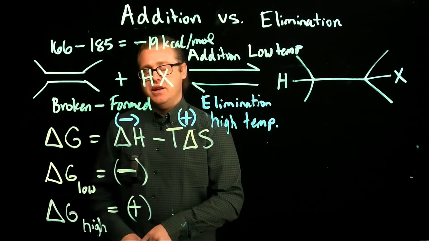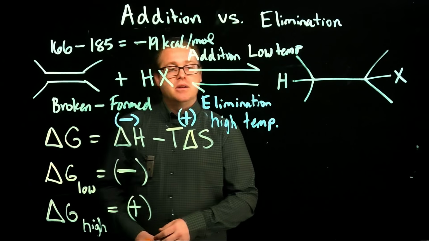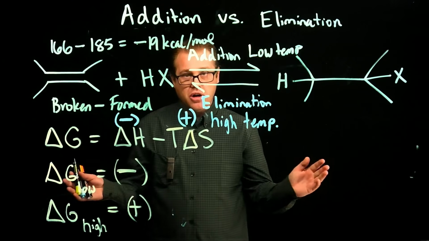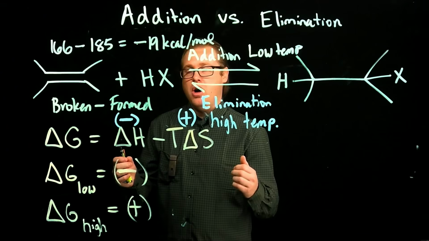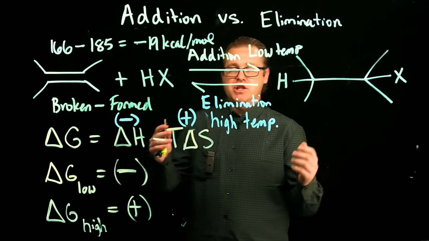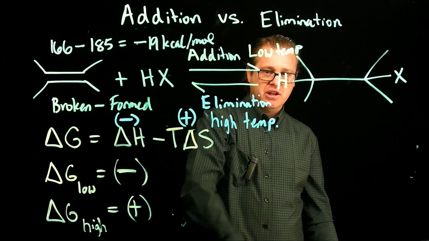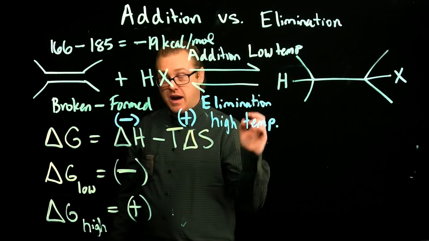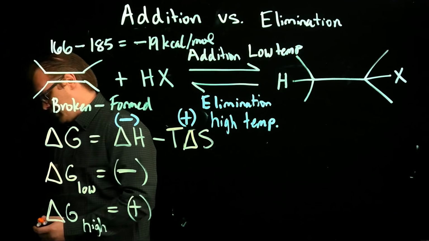And so these addition-elimination reactions are temperature dependent. In general terms, and I use the word general because you can always find an exception to the rule, low temperatures favor addition, and high temperatures favor elimination. That's the take-home message.